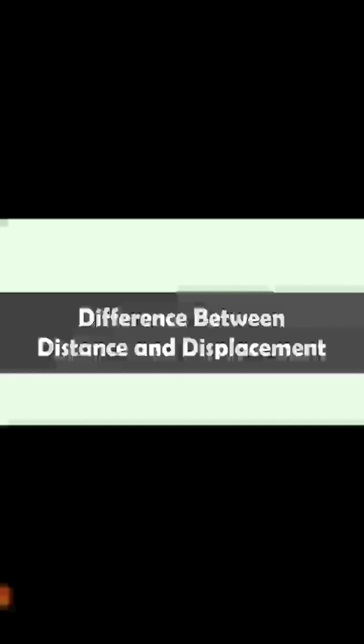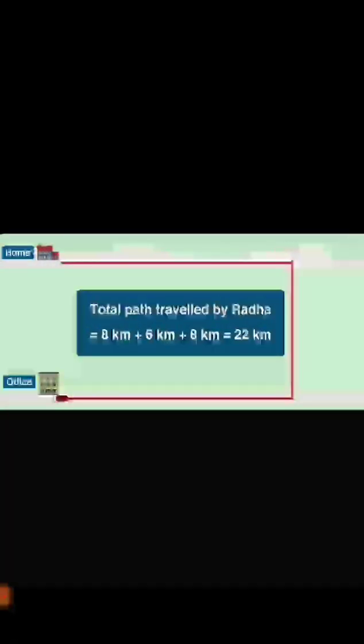So according to our day 1, we study distance and displacement. First of all, what do you mean by distance? I am going to share a slide based upon distance. In this slide, one position is home and another position is office.